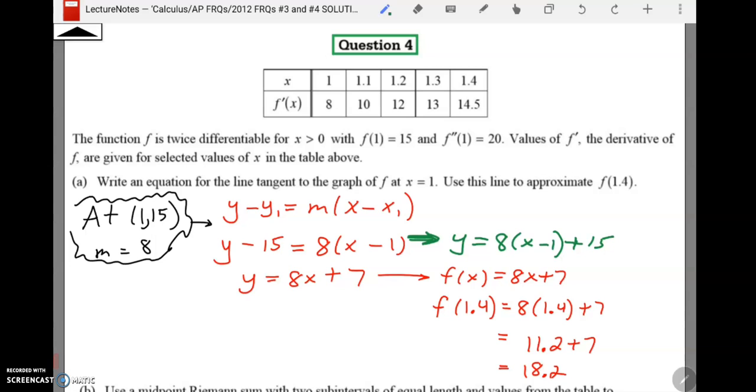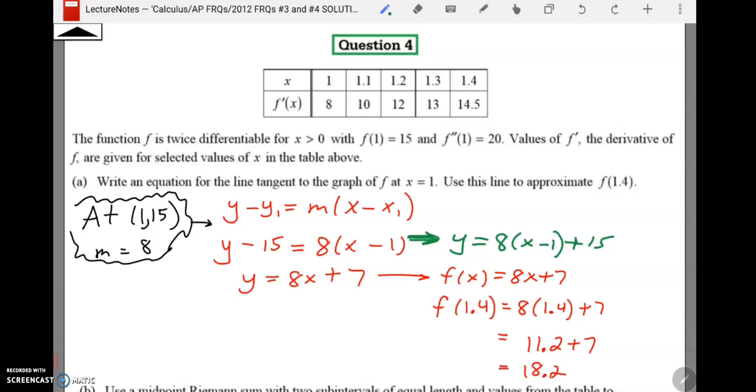The function contains the point (1, 15) and the line contains the point (1, 15). They touch at that point. So if you pick a number really close to 1, like 1.1 or 1.4 in this case, 1.4 is very close to 1. So the tangent line and the function resemble pretty much the same value really close to the point of tangency. We have talked about that before.